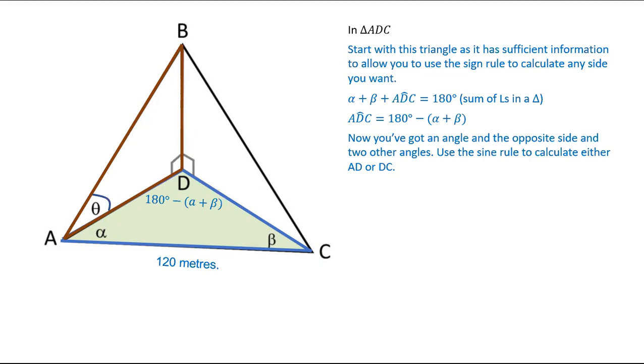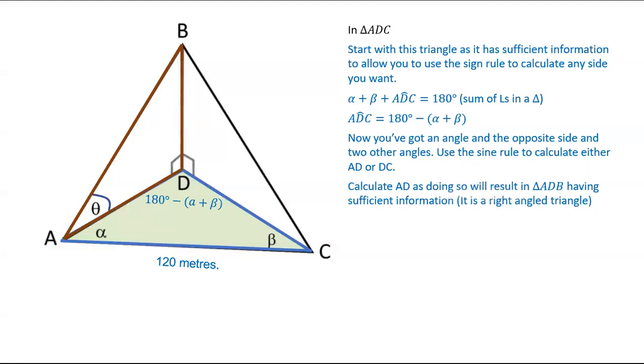So I'll say AD divided by sine of beta will be equal to AC divided by sine of ADC, which equals AC divided by the sine of the opposite angle, which will be 180 minus the sum of alpha plus beta.